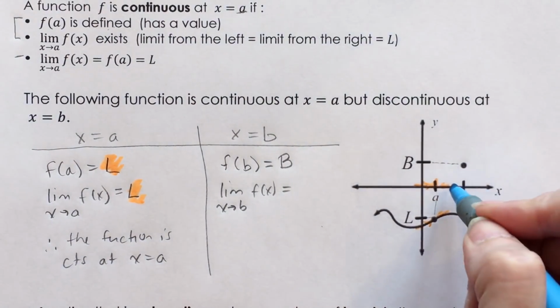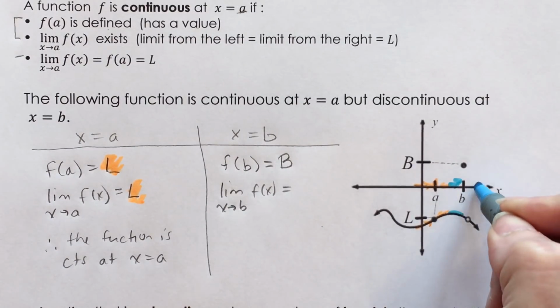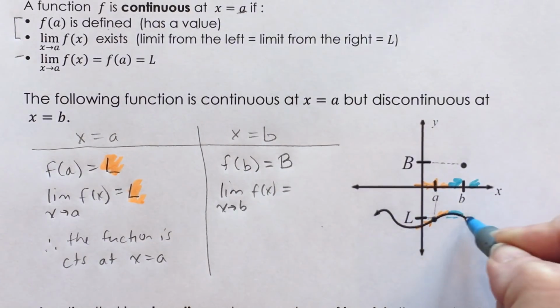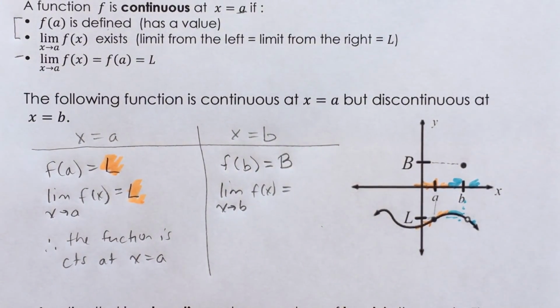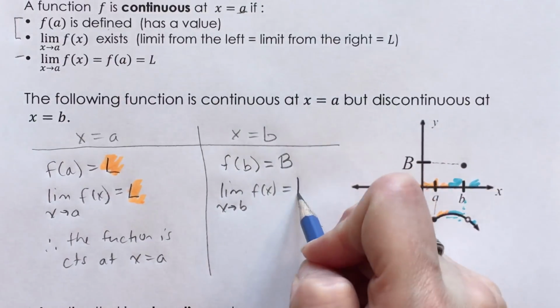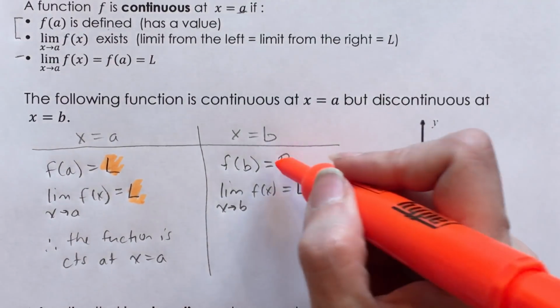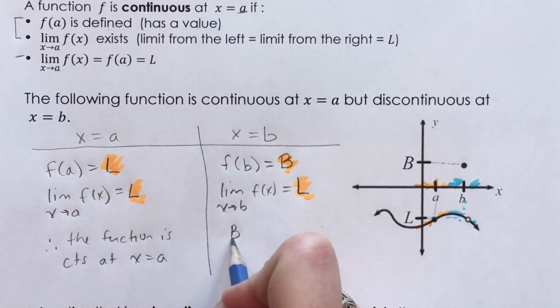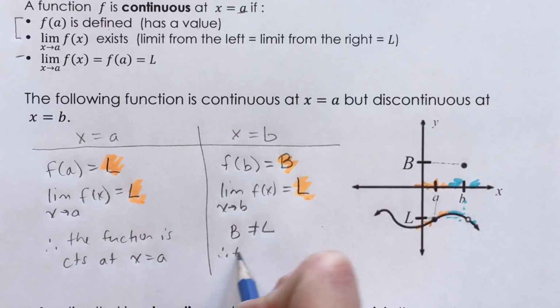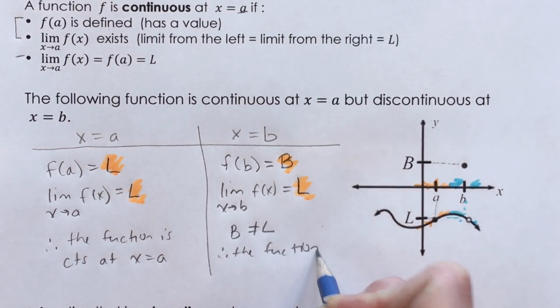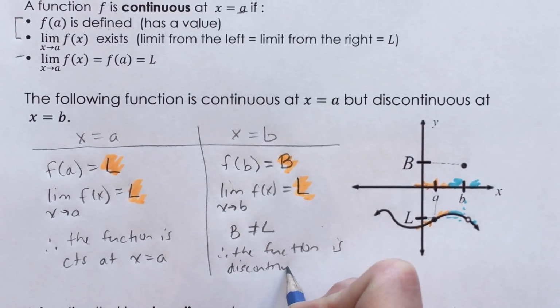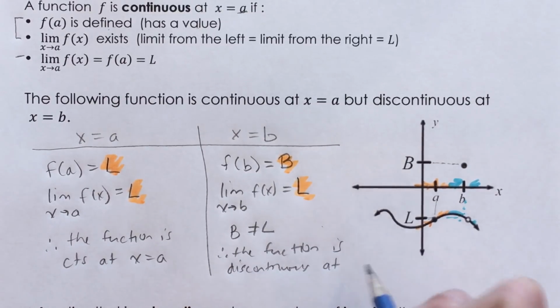So we've got the limit from the left and the limit from the right, both approaching L. So the limit does exist. And the third part of the test is that these two things are the same, but they're not the same. So we can say since b doesn't equal L, therefore the function is discontinuous at x equals little b.